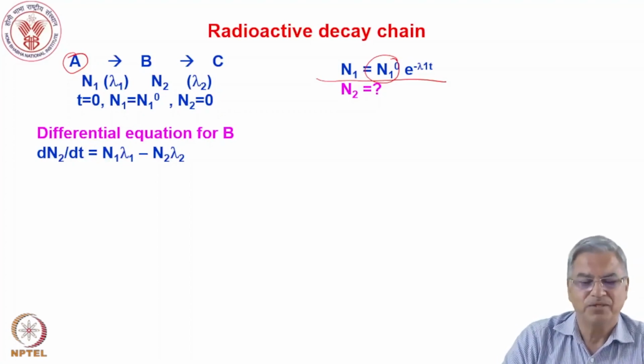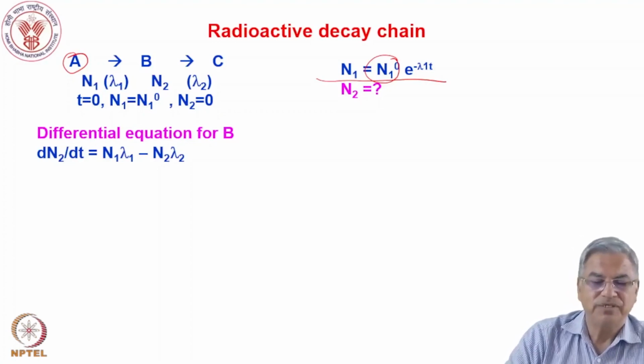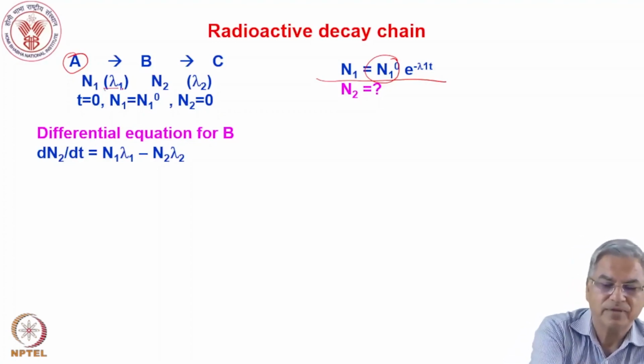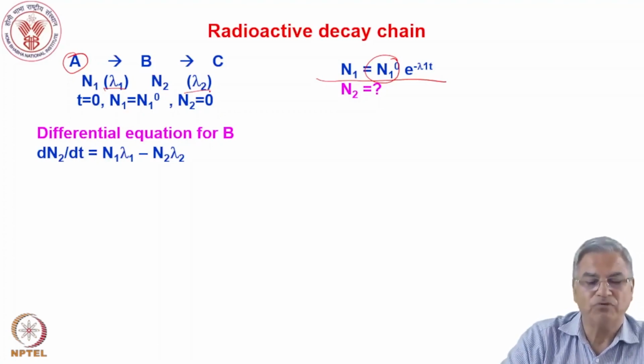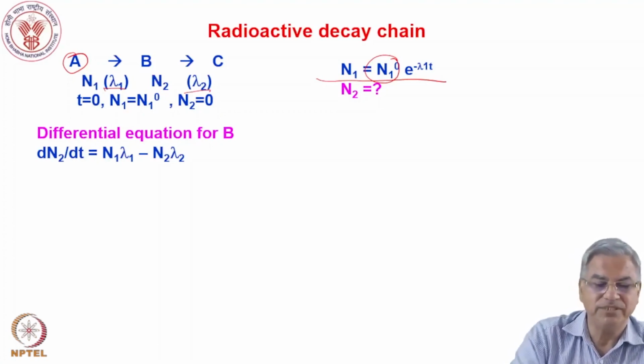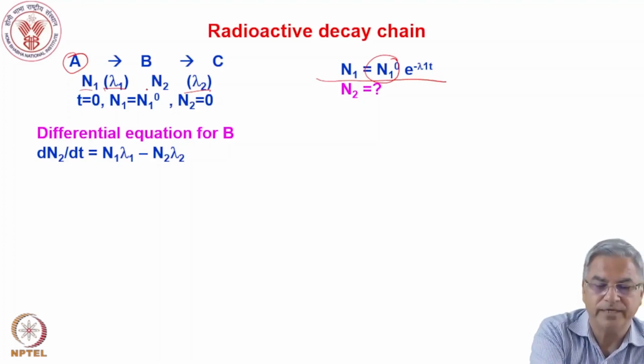and the decay follows an exponential path. Now let us discuss how the activity of B will change with time if it is growing from a freshly purified isotope A. The lambda value for A is lambda 1 and for B is lambda 2, and the number of atoms of A and B at any time t are N1 and N2 respectively.